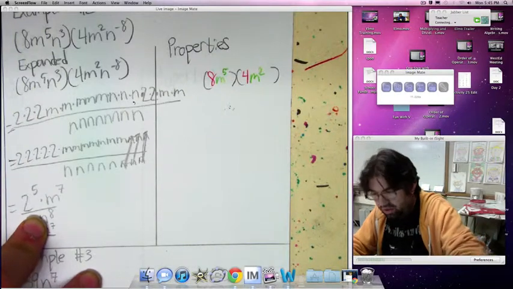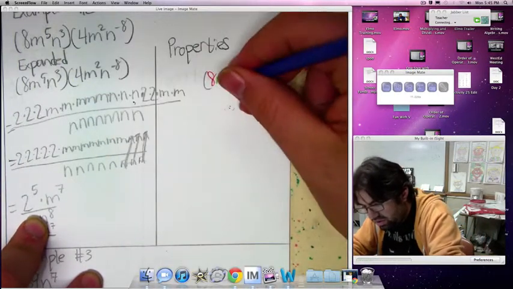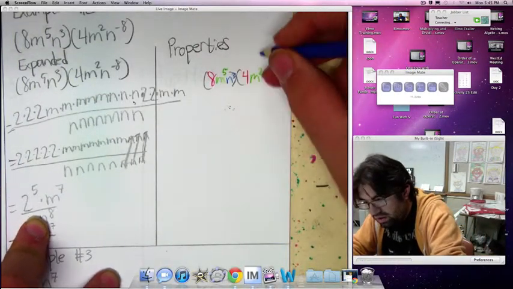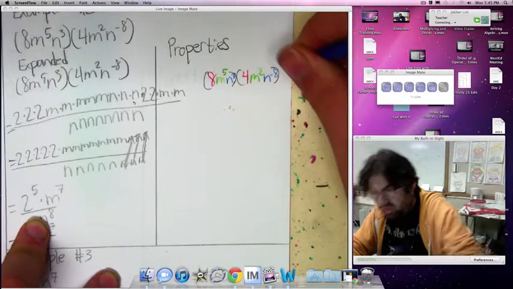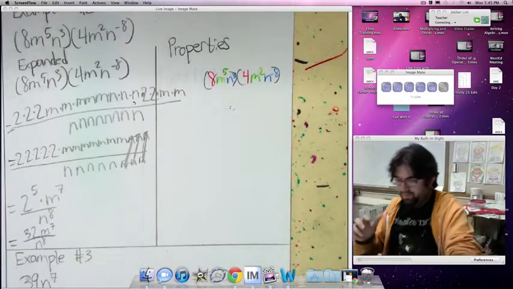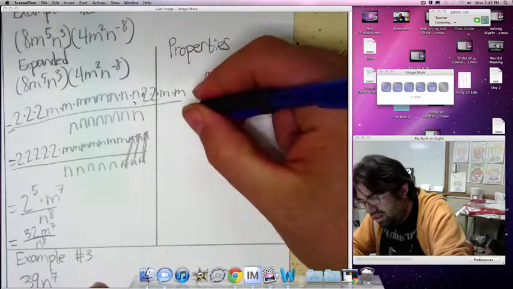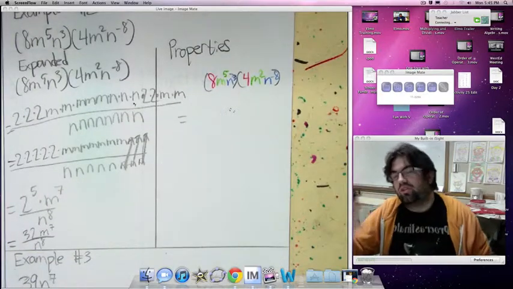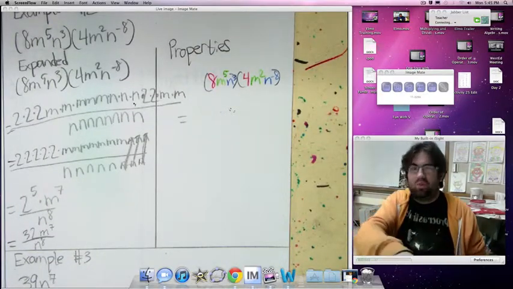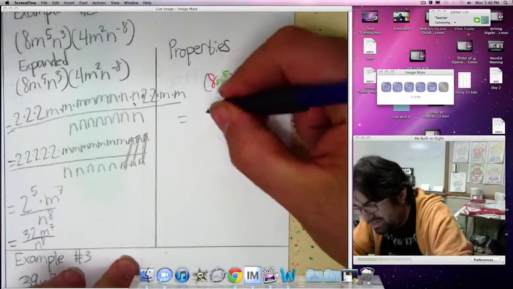And I believe there is a little n to the 3rd, n to the negative 8. So I'm color coding all this stuff. The blank of multiplication, I'm going to ask you what property that is tomorrow. Lets me do this.